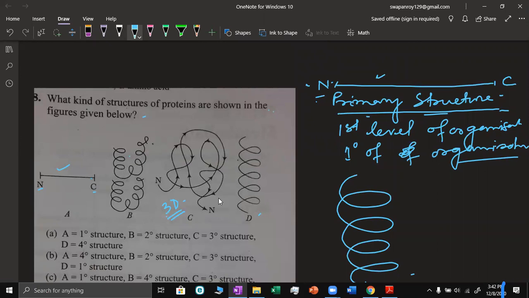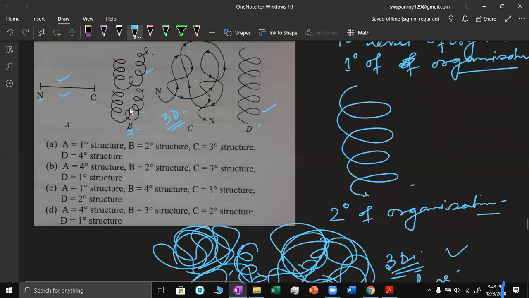A is the primary level, D is the secondary level, C is the tertiary level, and in B we can see that two polypeptides are there, each in their tertiary level, so this one is the fourth level or quaternary stage.